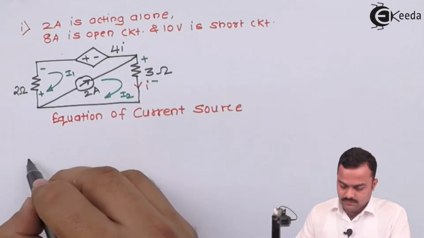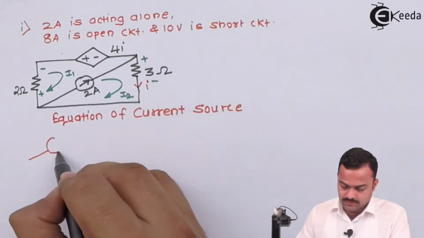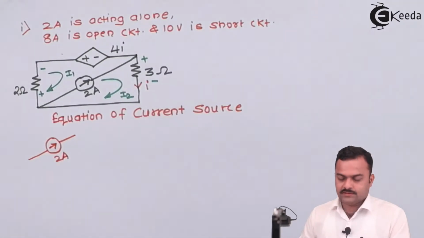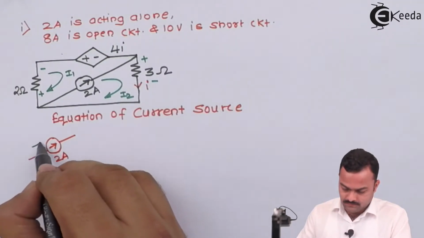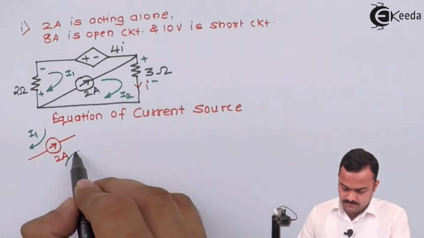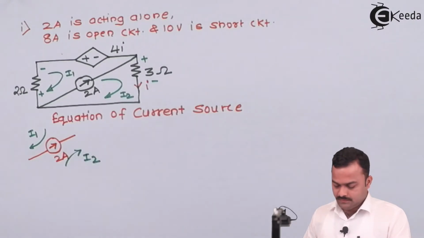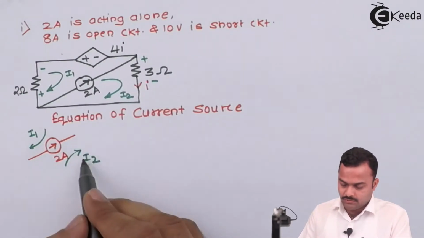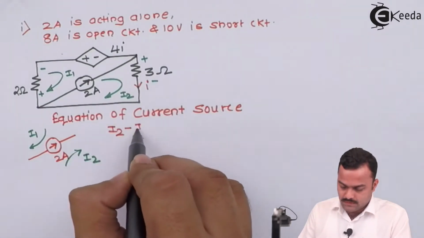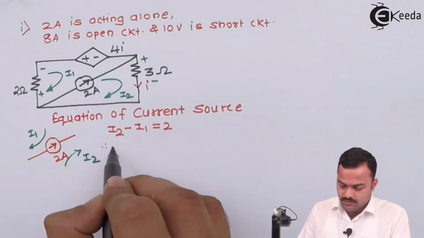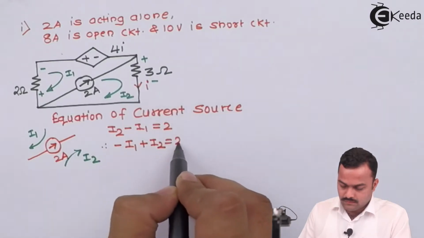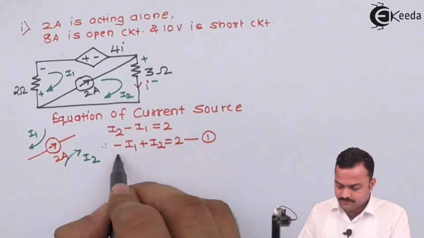So the current source, I will take it out of the circuit with all the currents passing through it. This is I1, this is I2. If you see carefully, this I2 is matching with the current source direction given. So I2 minus I1 equal to 2. After rearranging, minus I1 plus I2 equal to 2, equation number 1.